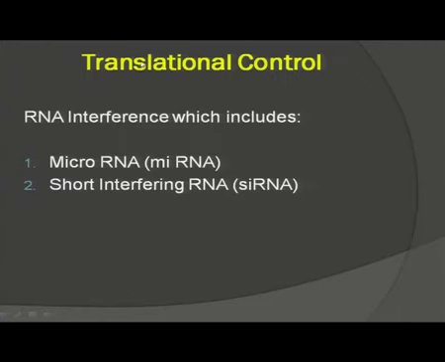Next control level is translational control level. It includes RNA interference. Nowadays, there is so much research going on in RNA interference. So many different diseases are being cured by RNA interference for the welfare of human beings, and this RNA interference includes microRNA, that is miRNA, and short interfering RNA, that is siRNA.